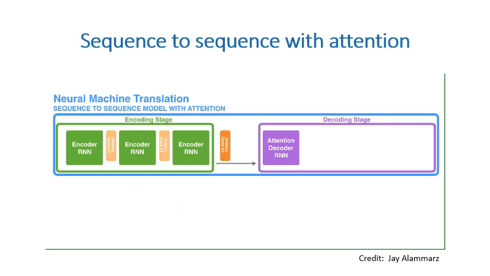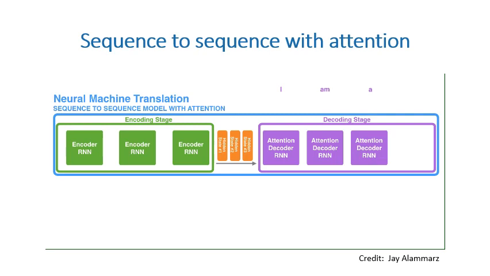But here I don't have one vector, I have three vectors. And these three vectors are all hidden states of my encoder passing to the decoder. So somehow my decoder has information of all hidden states, not just the last one.